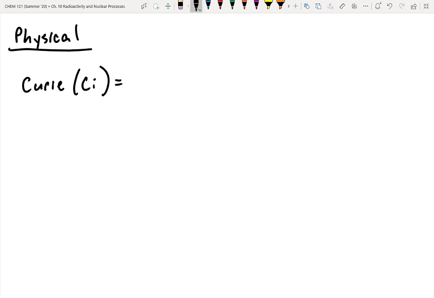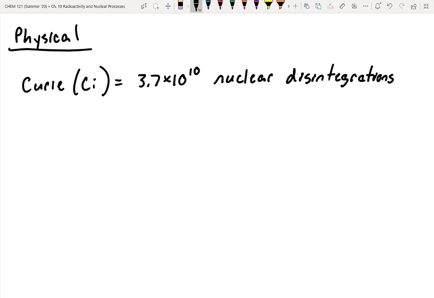A Curie is a unit with the symbol Ci, and it's 3.7 times 10 to the 10th nuclear disintegrations per second.